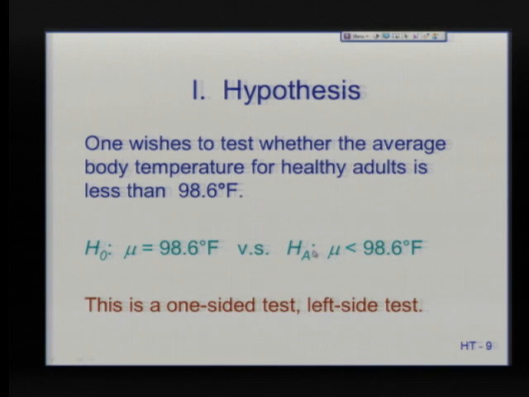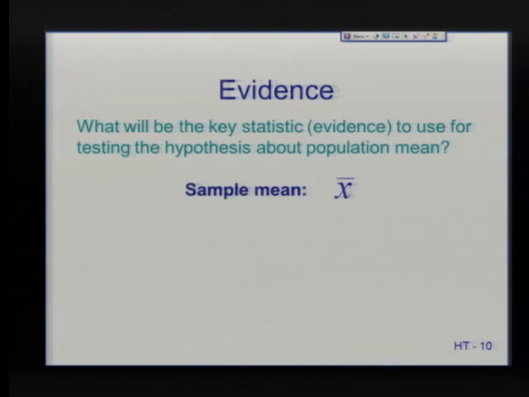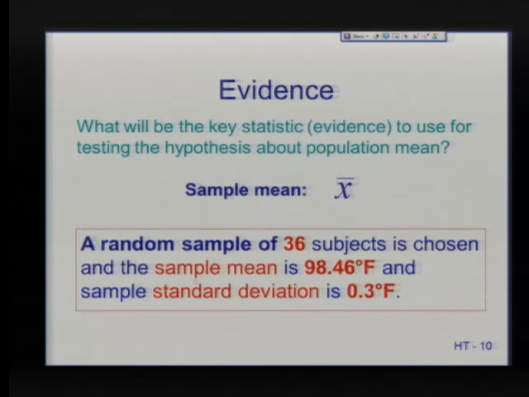So that has to be done first, okay? And since I'm testing the mean, the sample mean is the best number for studying the population mean, okay? So I collected a random sample of 36, and I found the sample mean is 98.46, and the standard deviation is 0.3. So 98.46 is kind of less than 98.6, but is the evidence strong enough? Well, I'm going to see.